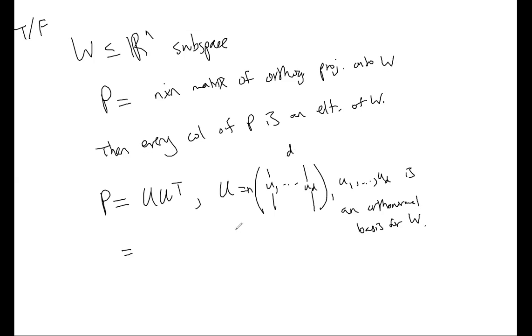But it's saying that P is actually N by N, which seems to mean that W has dimension N. So it seems to say true, because W would have to be Rn, unless these are different N's.